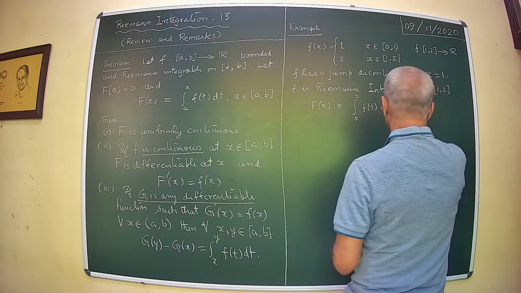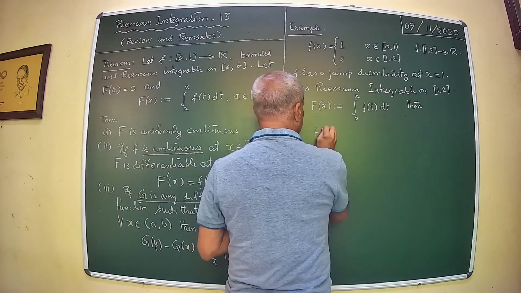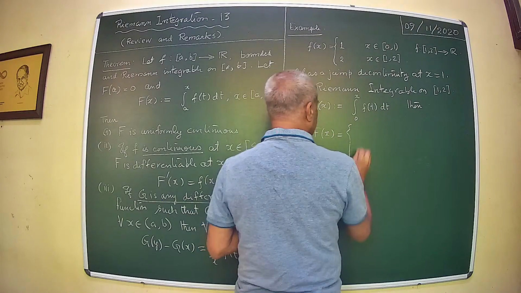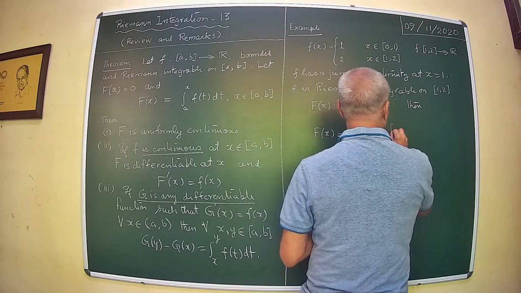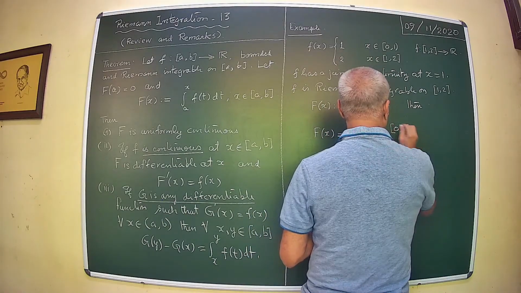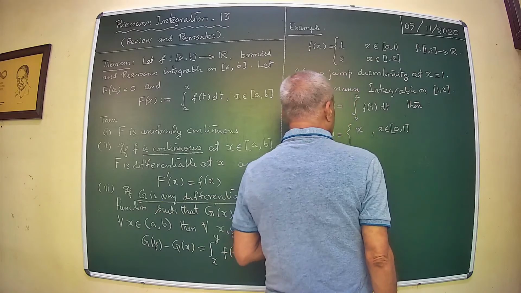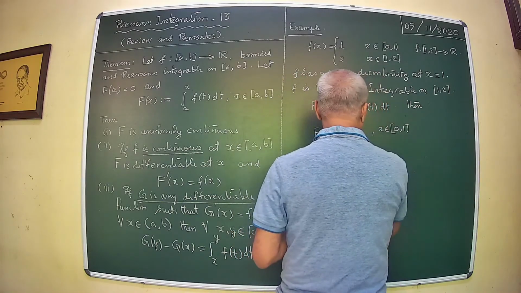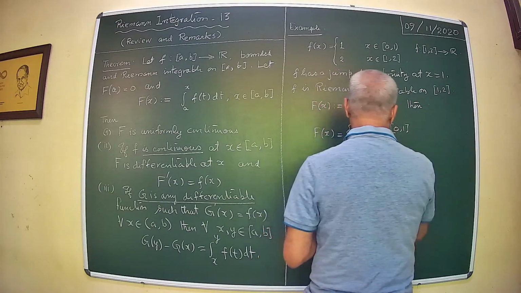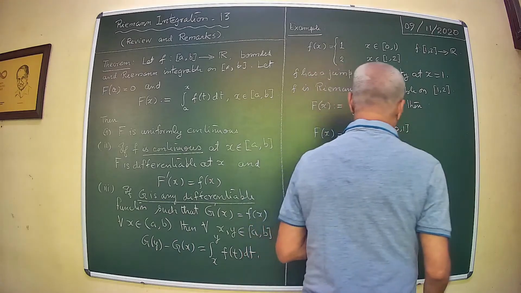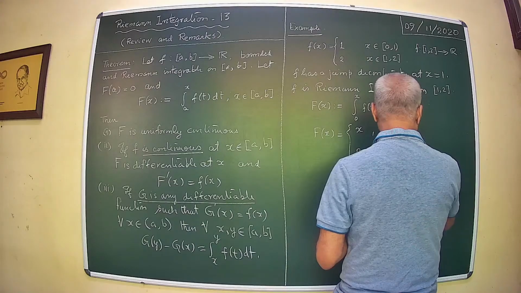Then F(x) equals x over the interval 0 to 1, and this is equal to 2x minus 1 for x belonging to 1 to 2.